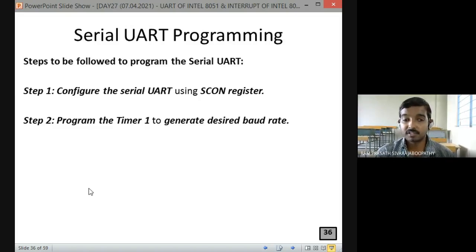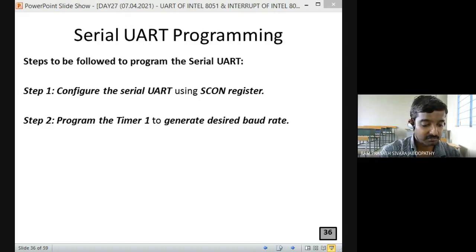Generally the most common mode of operation we are going to use is mode 1: variable baud rate 8-bit UART. That is the most common mode we are going to use.